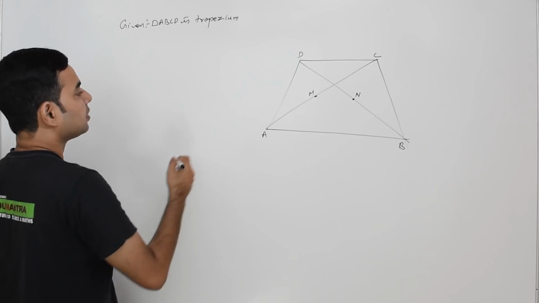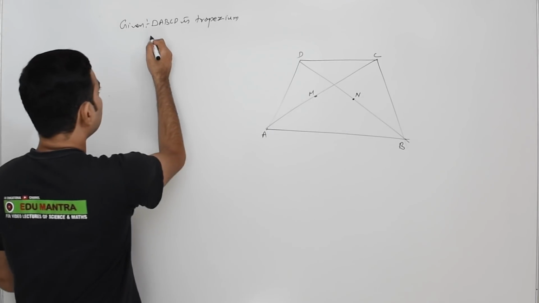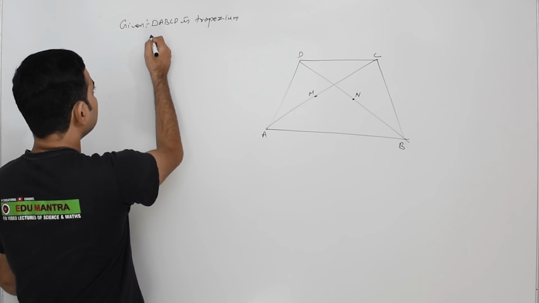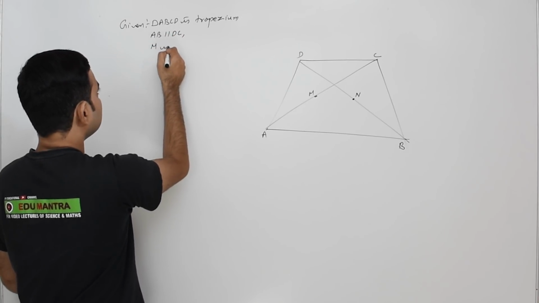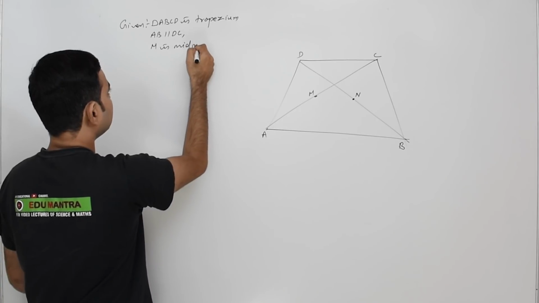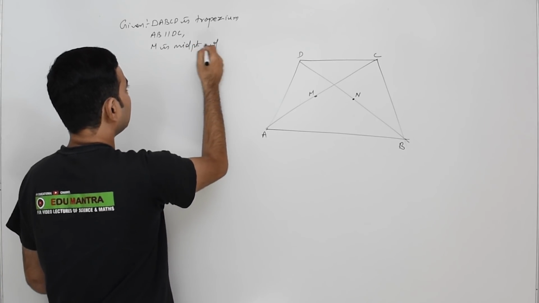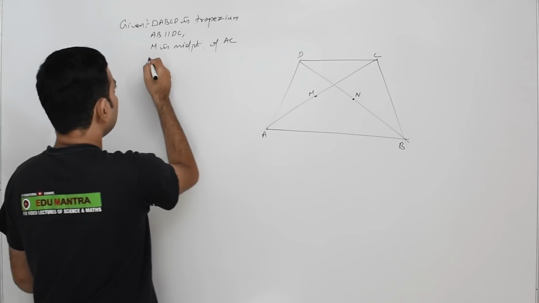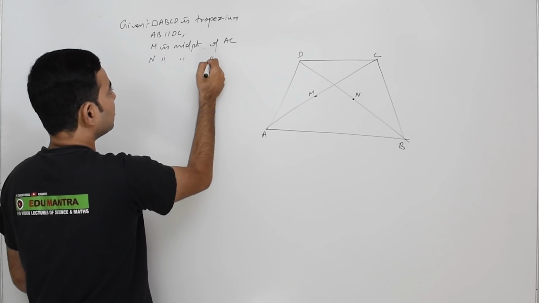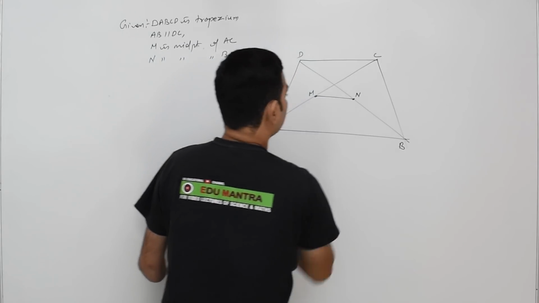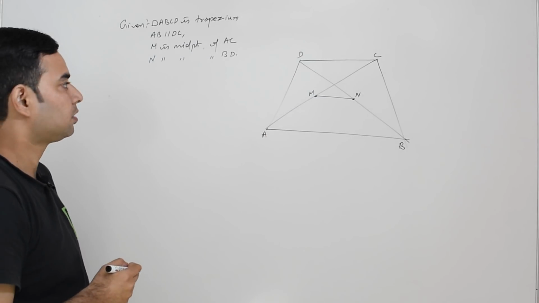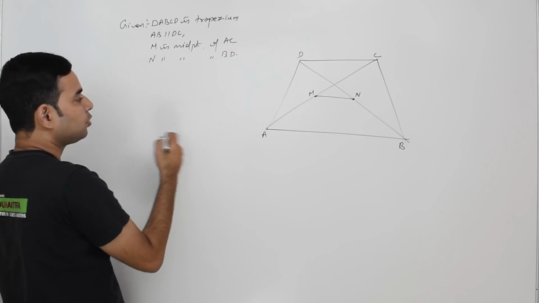It means that ABCD is a trapezium in which AB is parallel to DC, M is the midpoint of diagonal AC, and N is the midpoint of diagonal BD. So MN is the line segment joining the midpoints of the diagonals of the trapezium. So it is parallel to the parallel sides.